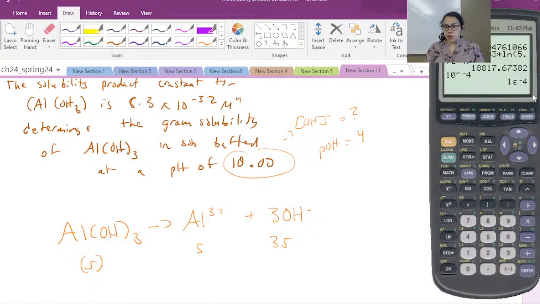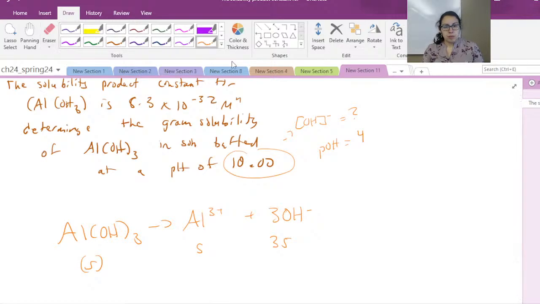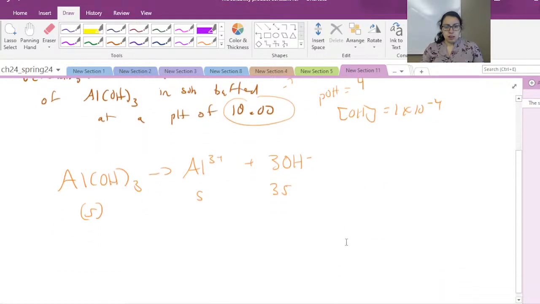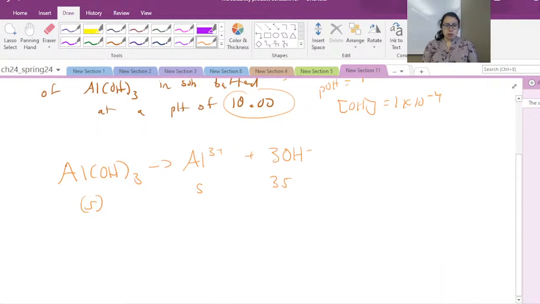So now that's our hydroxide concentration: 1 times 10 to the -4. And so now we're good to start plugging it into our solubility expression.